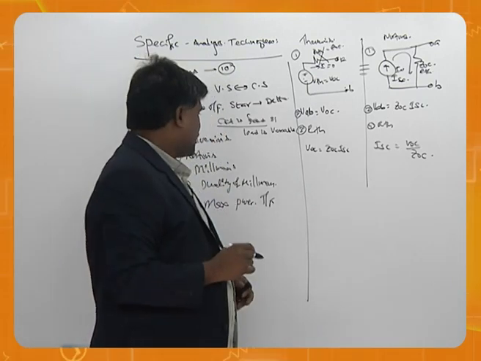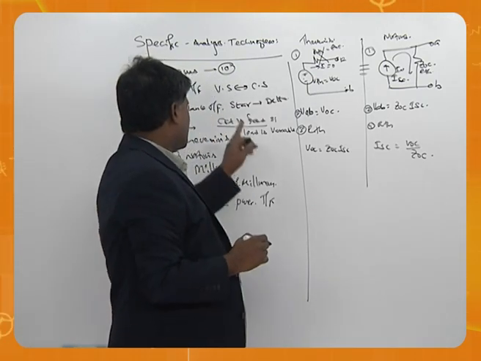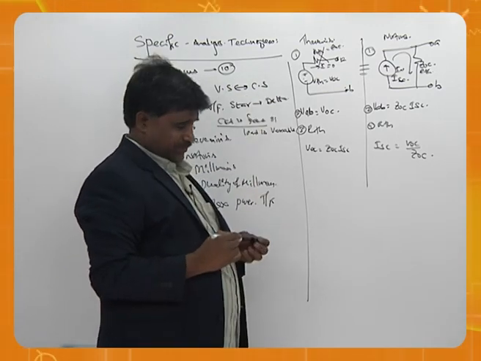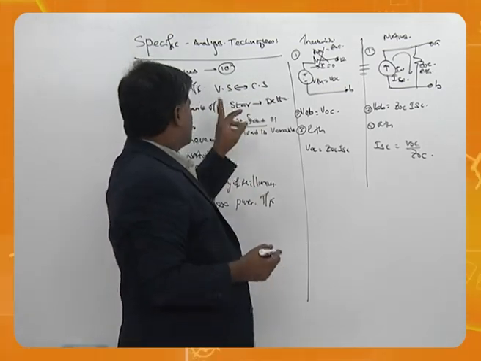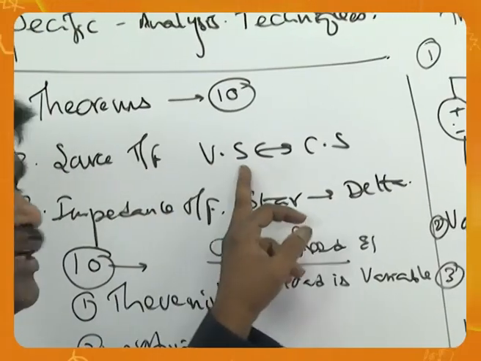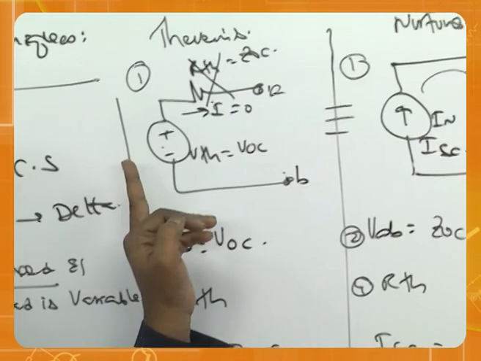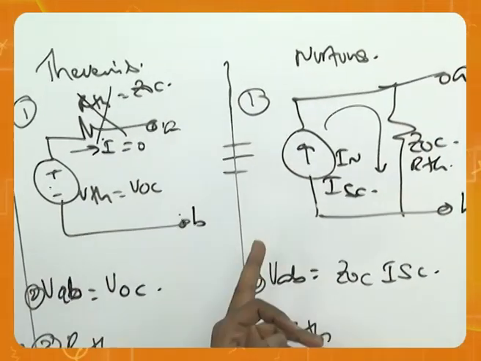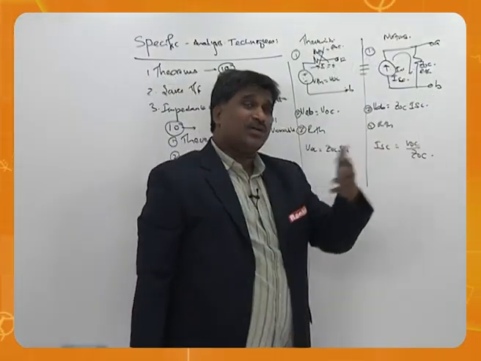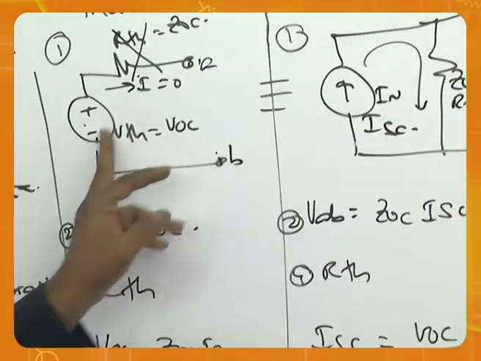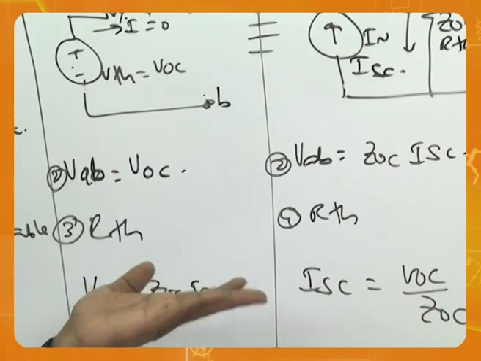In one way, this is like voltage source converted into current source. The only difference is, in source transformation we really talk about sources, whereas here we talk about voltage and current. They are not the sources, they are the equivalent sources. Whether it is equivalent source or the source, they have the same conversion.